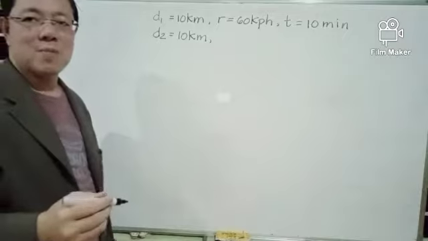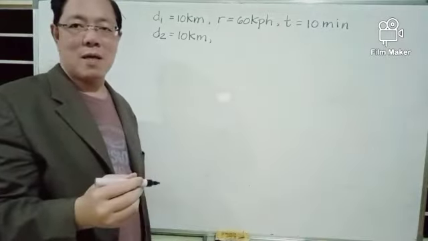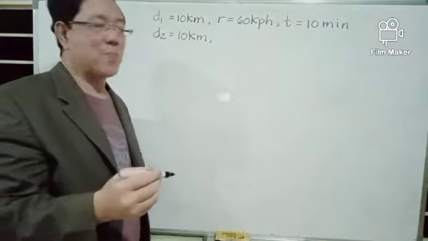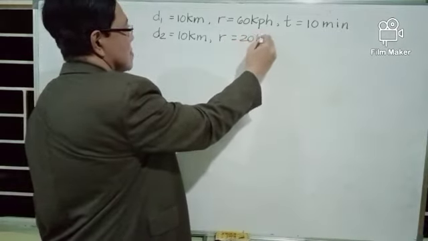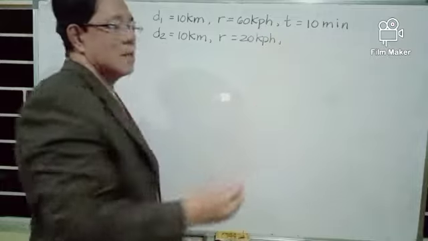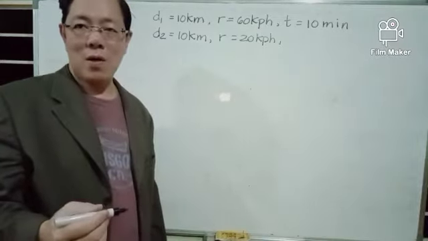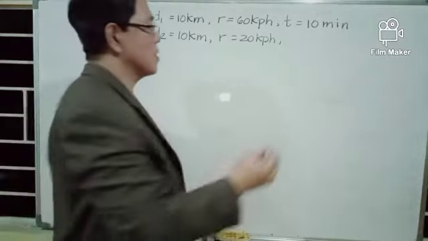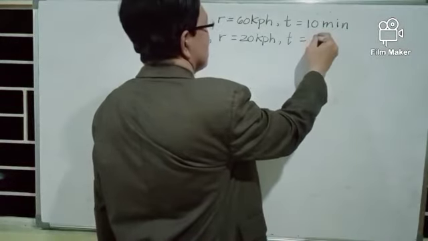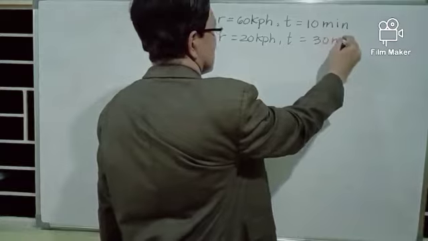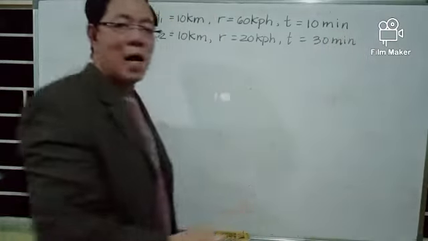For the second part of the trip, the man traveled at a slower rate or speed of 20 kilometers per hour. That's why he took longer time for the second part of the trip, which we have computed to be 30 minutes or half an hour.